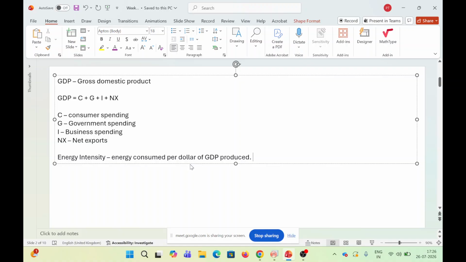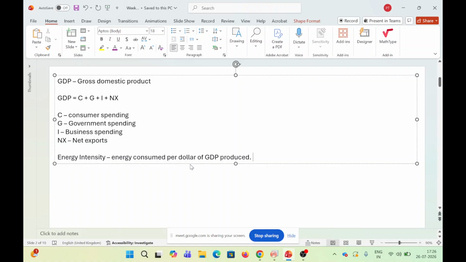Anyone? Why do we discuss the concept of energy intensity and GDP, or how are they related? It could help in understanding that if your GDP is increasing, the per capita energy is also increasing in a country. Hmm.